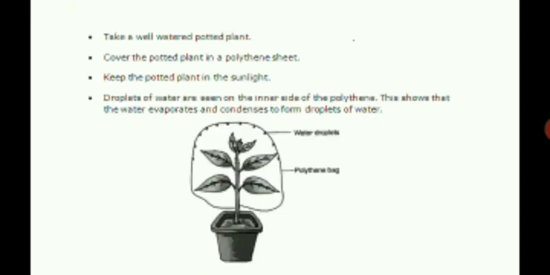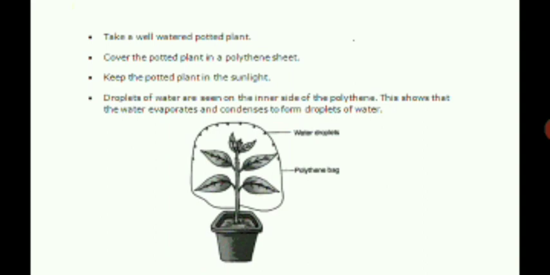Now let us see certain experiments on transpiration. The first experiment is to see that transpiration occurs in plants in the form of water vapor. What do we need for this experiment? We take a well-watered potted plant and cover it with a polythene sheet.